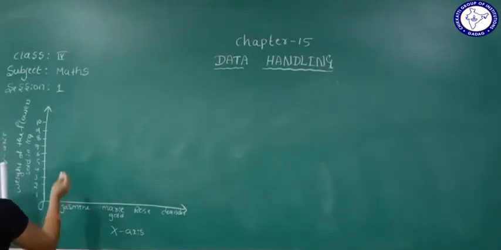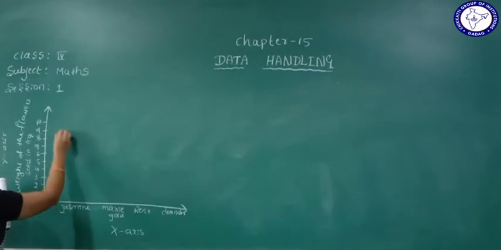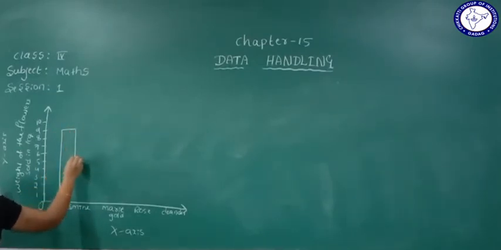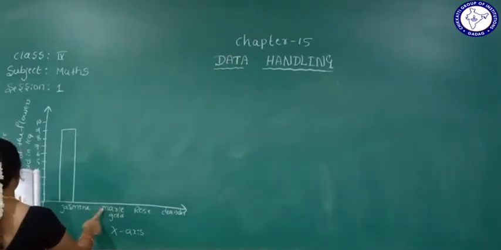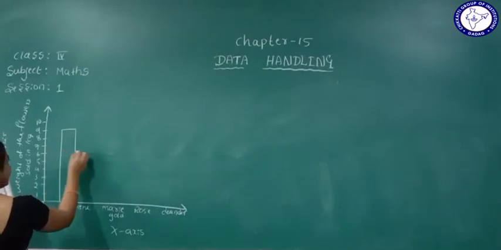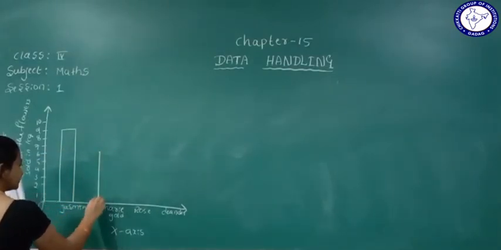It means 9 kg, since it is the weight of the flowers sold in kg. So 9 kg of jasmine. Now we'll draw the graph for jasmine and marigold. How many are there? 6 kg of marigold.